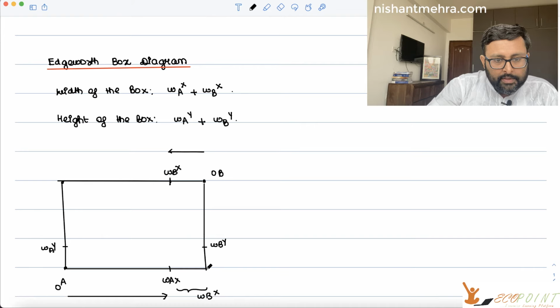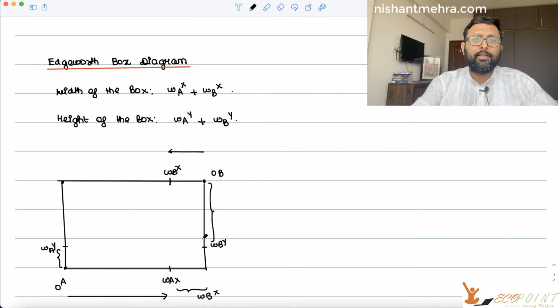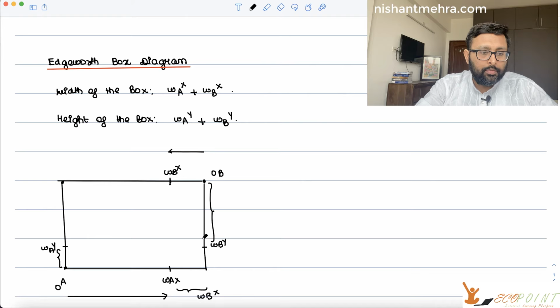WAY plus WBY. You with me? You understand what we did? This is the amount of y which I have. This is the amount of y which you have. Don't worry about the example which I have taken. I've just taken that in order to make you understand a few things. So I'm not drawing it to scale. I'm just telling you how these are the positionings. So this is the way you draw the Edgeworth box diagram.